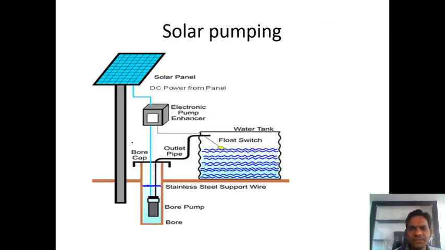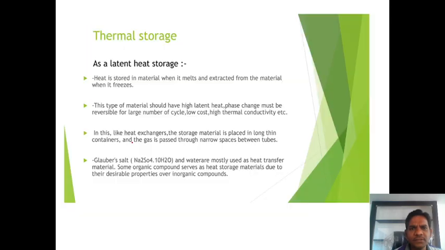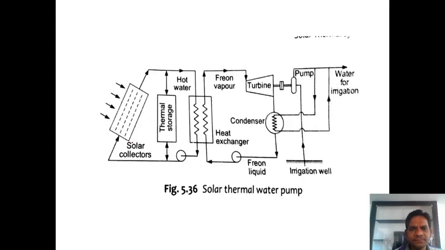Now this is also a diagram of the solar pump, guys, right? So if you observe in this diagram, we will explain here. You see, guys. So this is another application from the point of view of the solar thermal water pump, guys. Okay.